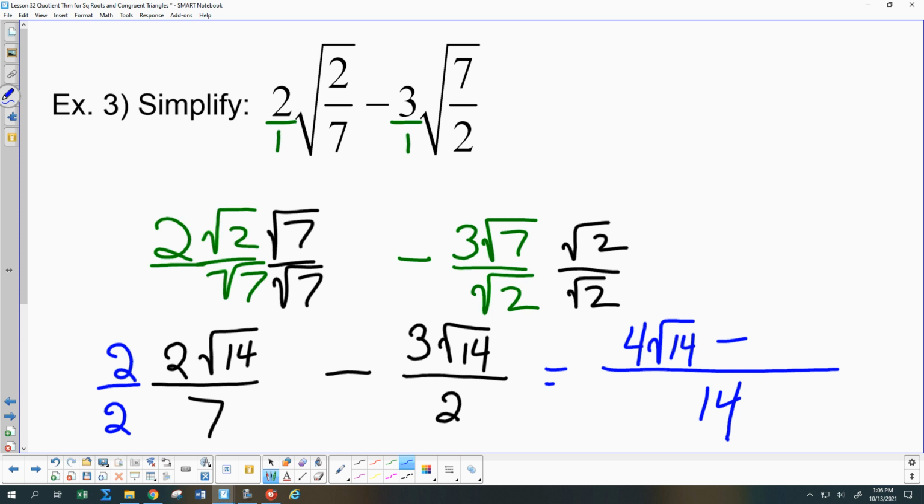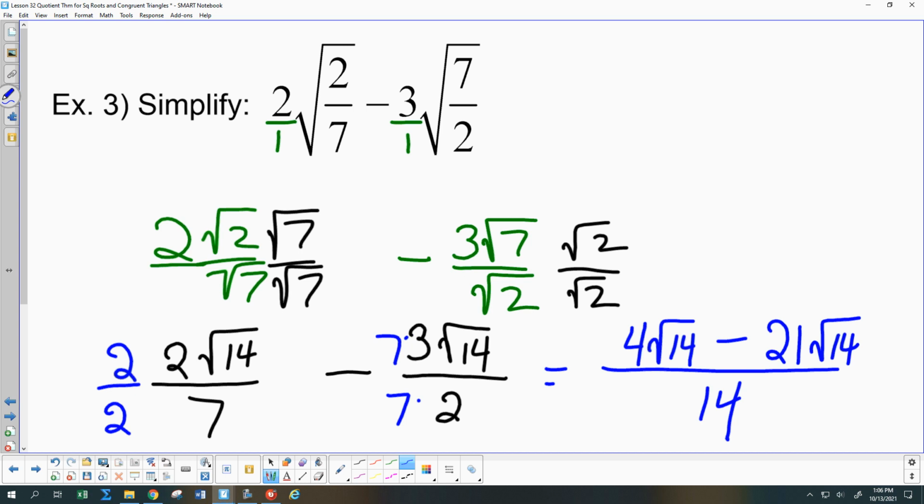What about the second one, Beck? How do I get a 14 for my other denominator, that 3 root 14 over 2? So I've got the denominator of 14 again, and now I have minus 21 root 14.